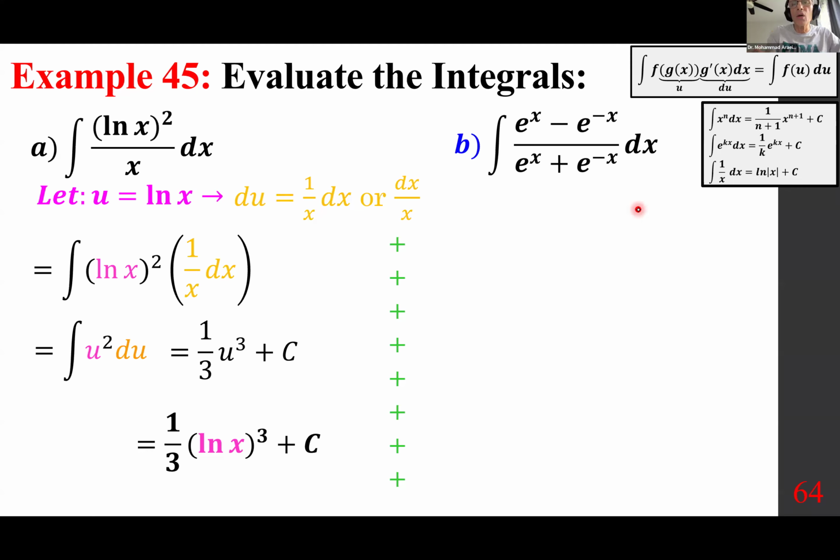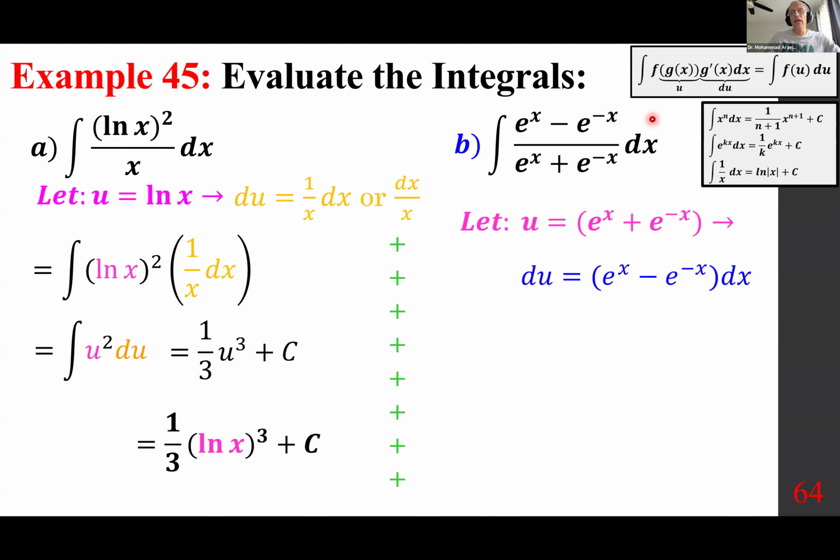And notice, what is the derivative of the bottom? E to the power of x is itself. E to the power minus x is minus e to the power minus x. So the top is the derivative of the bottom. So if u is the denominator, then du is the numerator times dx. And again, as always, remember, dx belongs to the numerator.